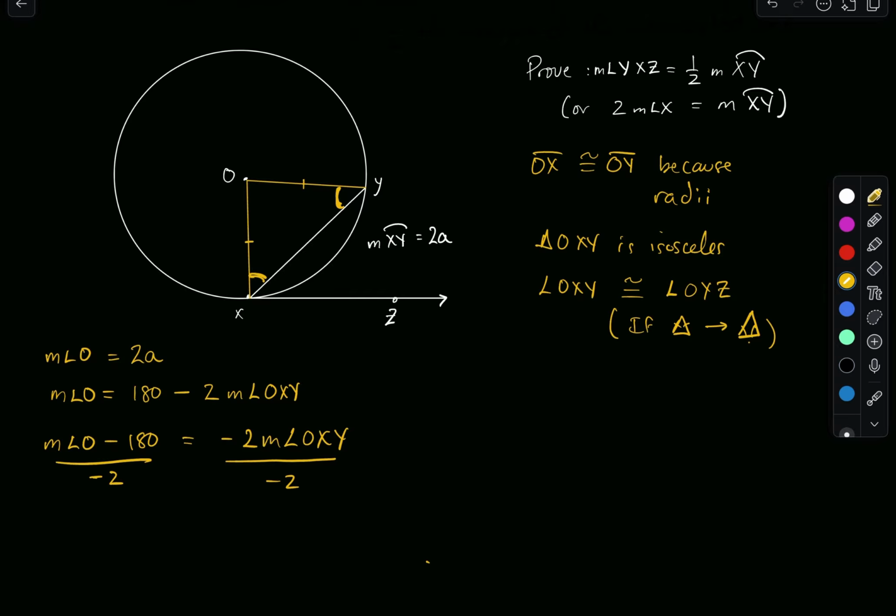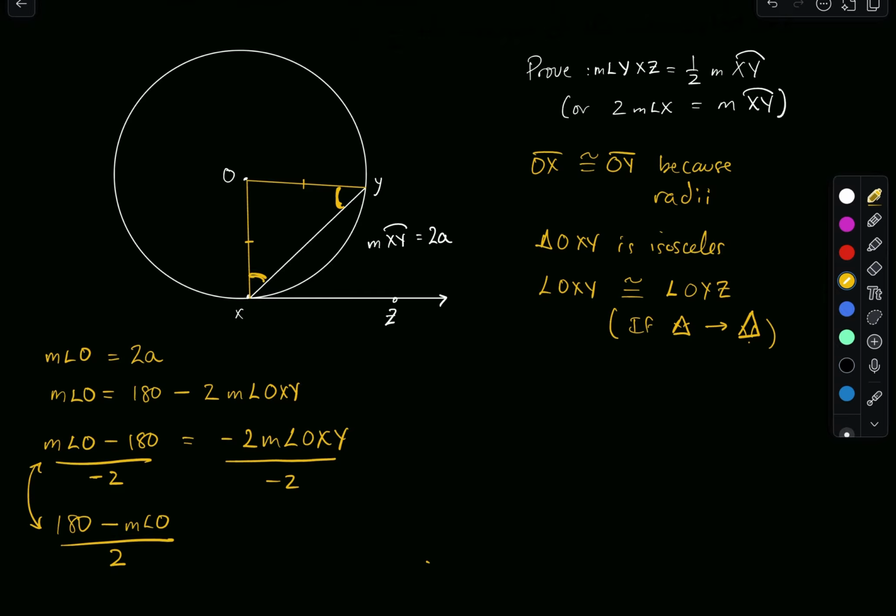And when I divide this by negative 2 over here, it's going to turn that into a positive 180 minus the measure of angle O over 2. So that step to there is just acknowledging that the negative sign could be moved up to the numerator, and then I could redistribute my parts. Take a minute to pause and make sure you understand why those two expressions connected by the arrows there are the same.